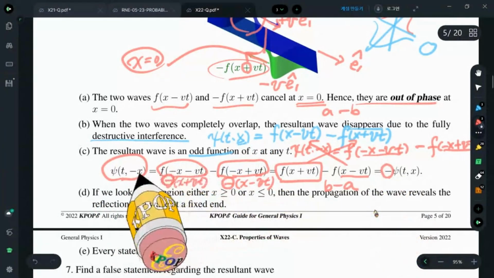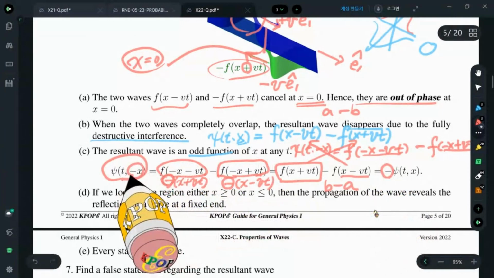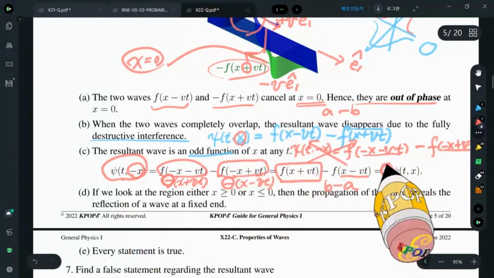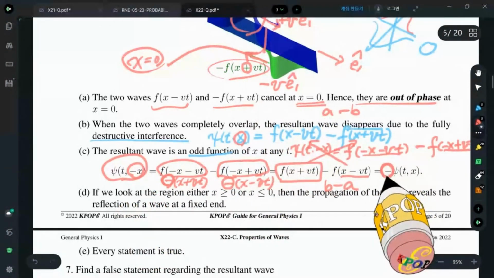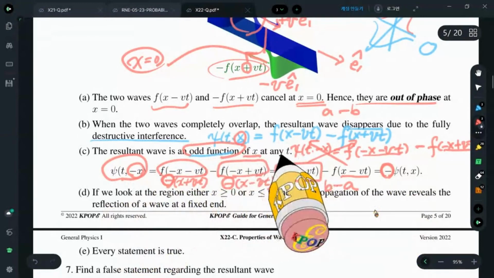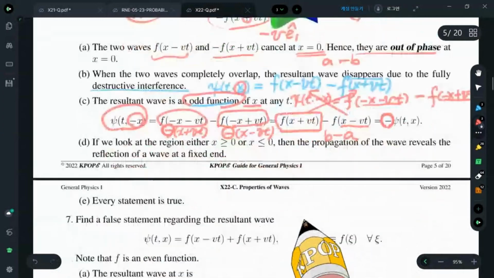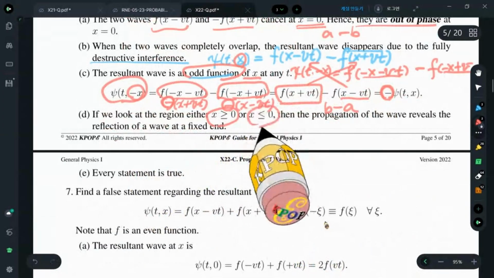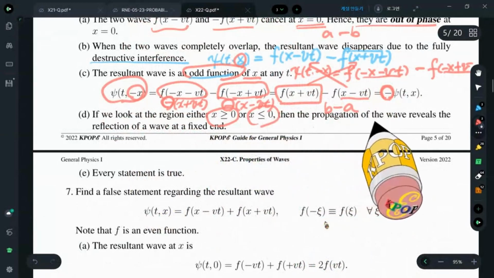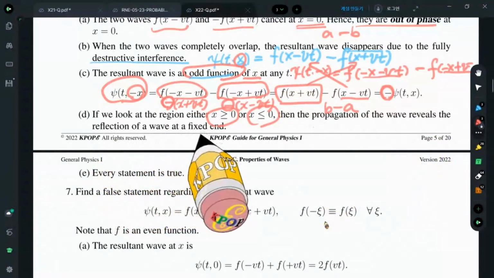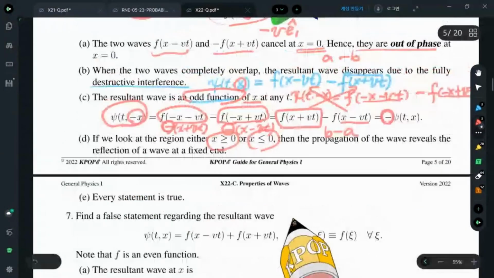That means if I substitute minus x for x, I have a negative sign. That means this function is an odd function of x at any t. That's correct. If we look at the region either x positive or negative, then the propagation of a wave reveals the reflection of a wave at a fixed end.